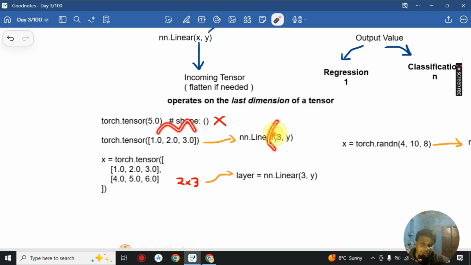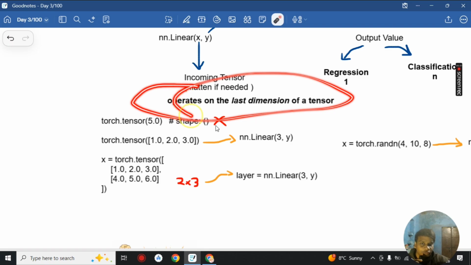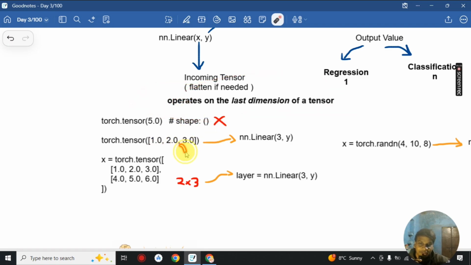So here the input will always be 3. Basically it operates on the last dimension of a tensor. Like here the shape is 3 by 1, then the 3 will be our input value in our linear layer. Here this is a 2 cross 3 matrix, so the last part, 3, will be our input value for our linear layer.